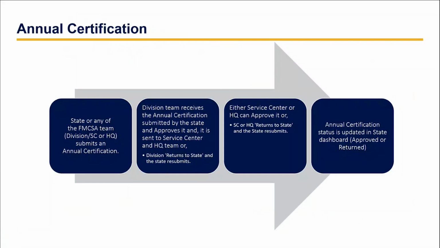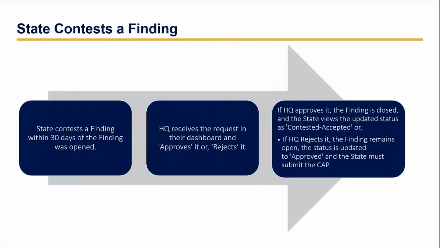All right. Moving forward. State contests the finding. The state has 30 days to contest a finding from when the finding is open. Once the state submits that contested form, HQ receives that request and either approves or rejects it.